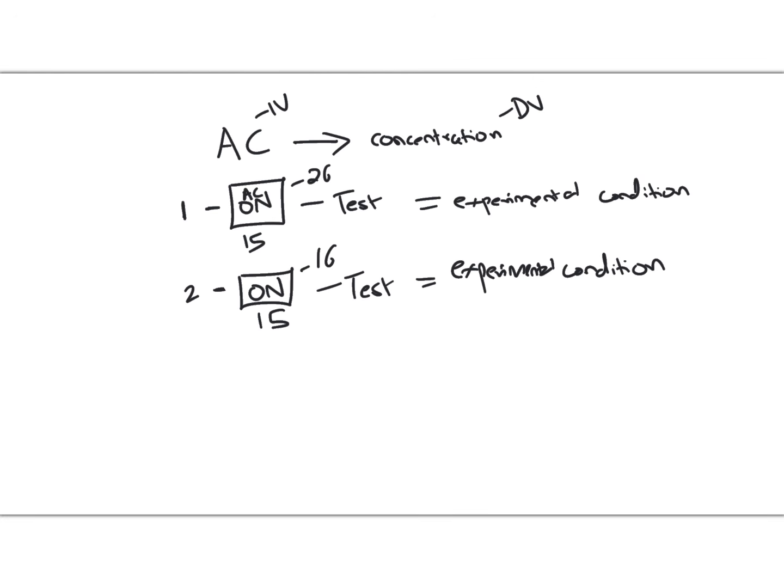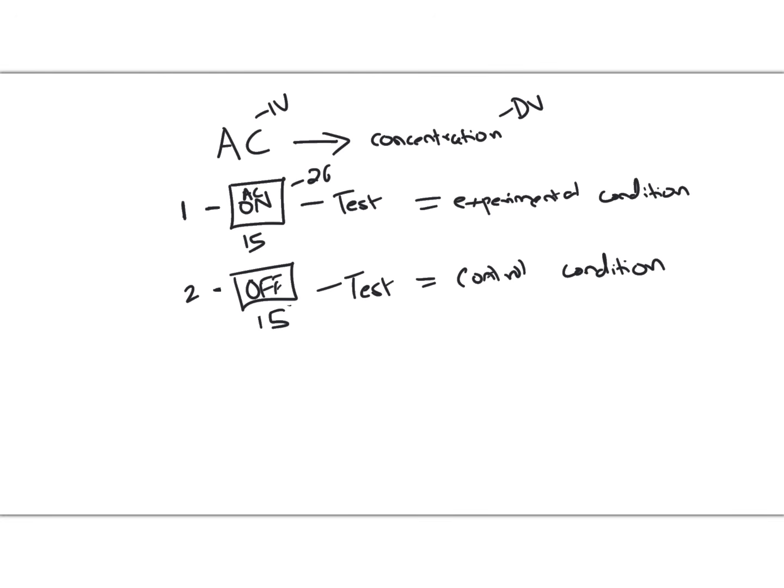Similarly, if I wanted to have a third condition of the IV here, I could have a control condition where the AC is off. But just to keep things simple, I'll keep two conditions right now. AC on, and I'll stick with AC off. So 15 in each, and both are taking a test, and I'm assessing their concentration, and I'm going to see which group performs better.